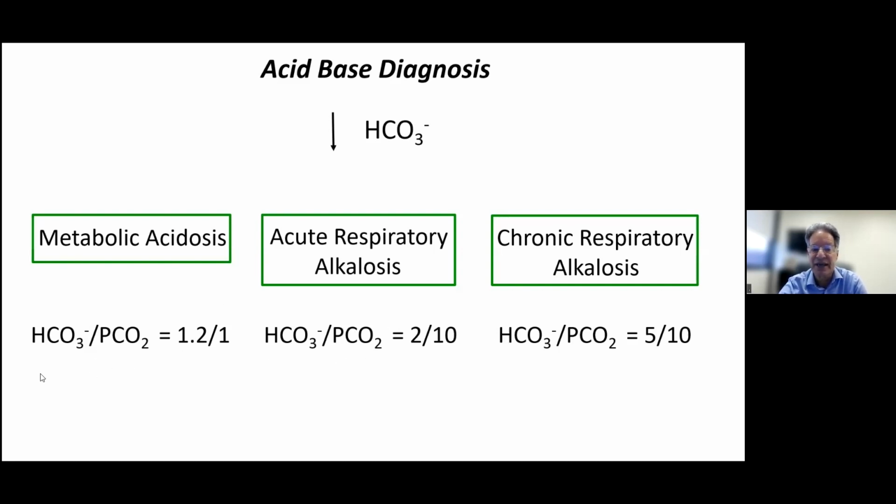And again, the chicken and the egg is different. For metabolic acidosis, the bicarbonate goes down and then the PCO2 goes down. And in respiratory alkalosis, acute or chronic, the PCO2 changes first and then the bicarb changes. But we don't see that temporal effect clinically. You're just looking at a snapshot in time when a steady state has been reached.